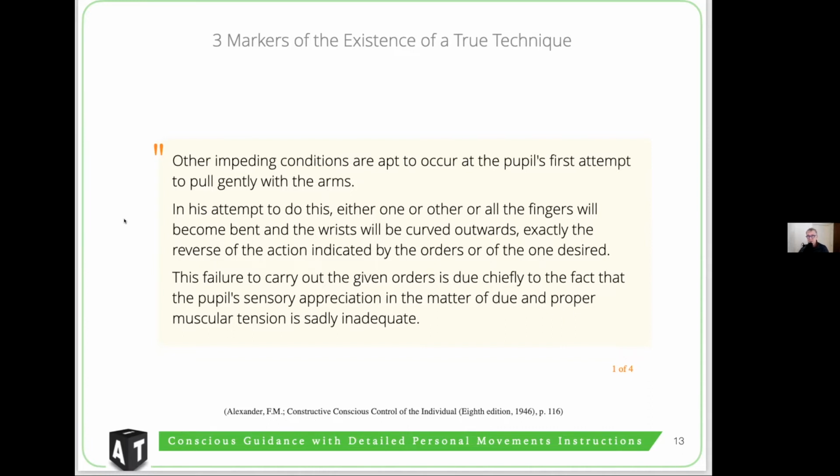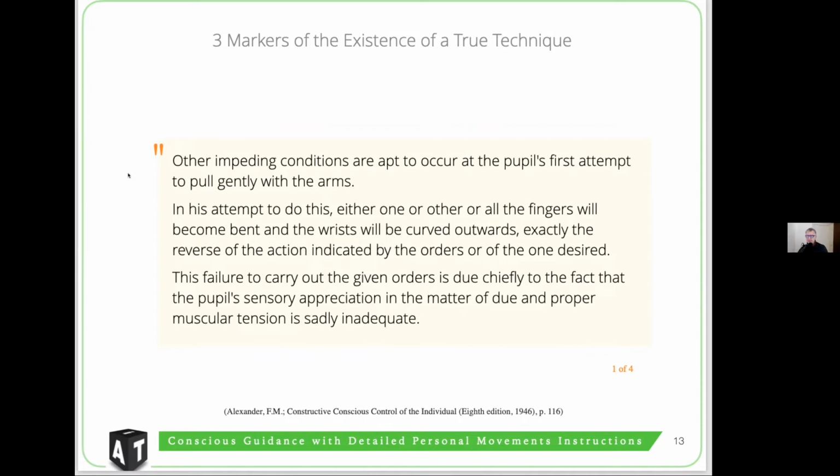Exactly the reverse of the action indicated by the orders or of the one desired. The failure to carry out the given orders is due chiefly to the fact that the pupil's sensory appreciation in the matter of due and proper muscular tension is sadly inadequate.